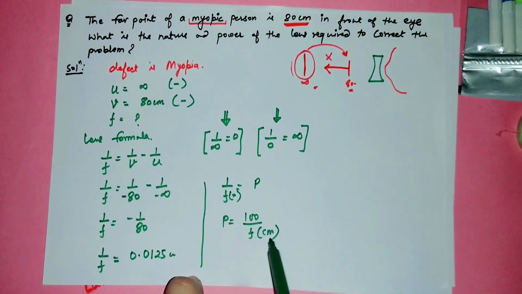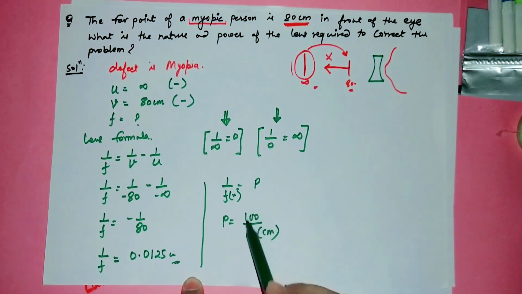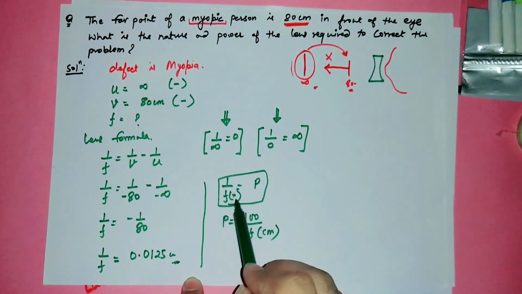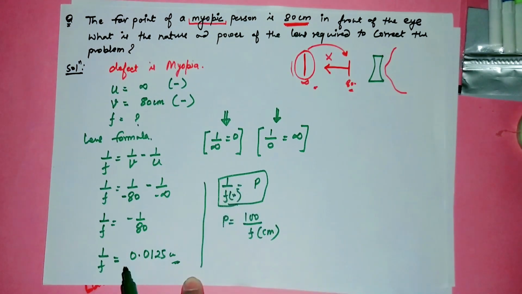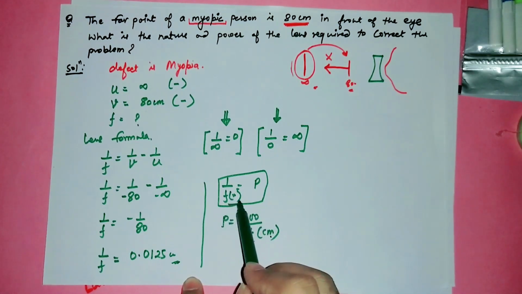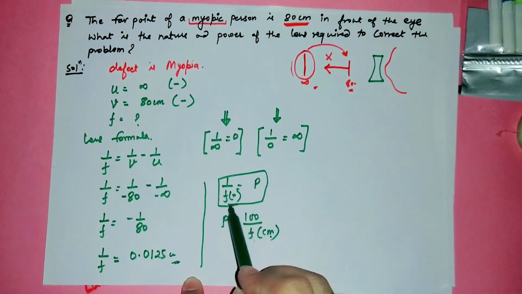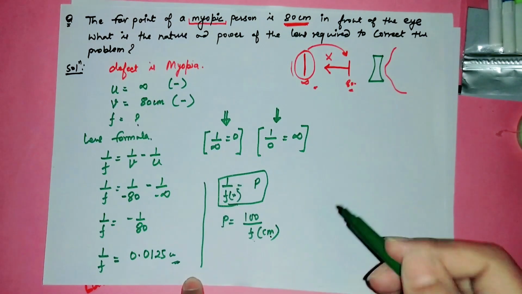Here the focal length is in centimeter, so power should be 100 upon f, because a meter is 100 centimeter.